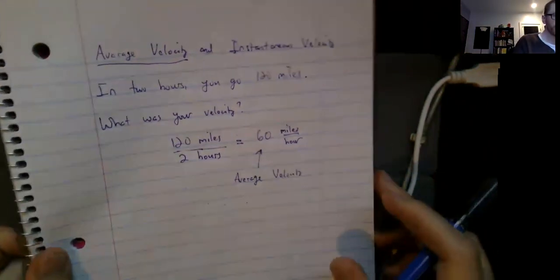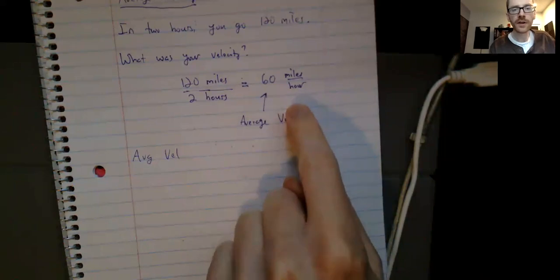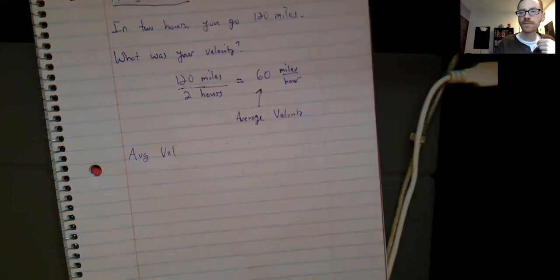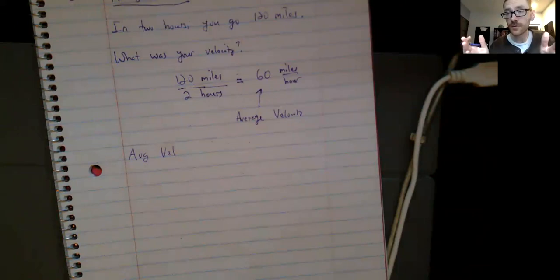So to summarize, average velocity: first of all, average velocity is something that only makes sense over an interval of time. Like we computed this average velocity over a 2-hour length of time. So average velocity is a concept that applies to a span, an interval, a duration of time.